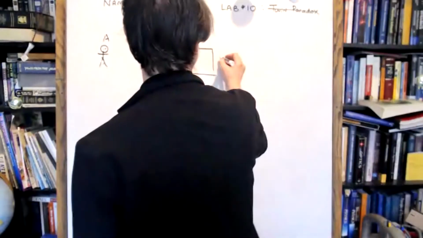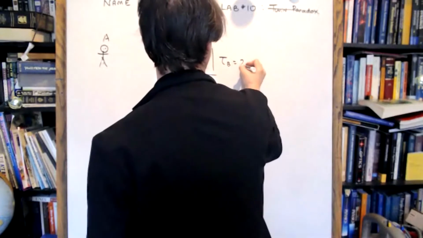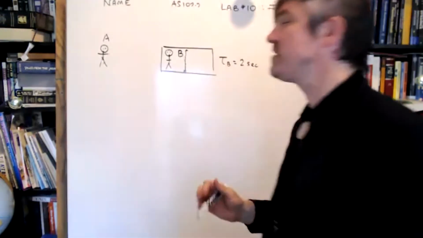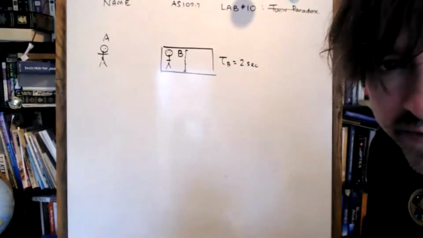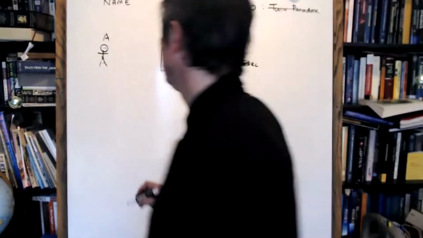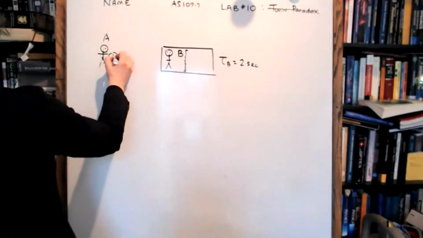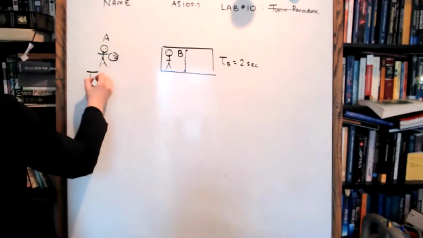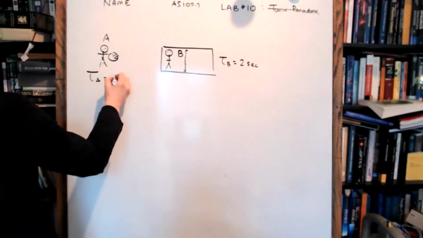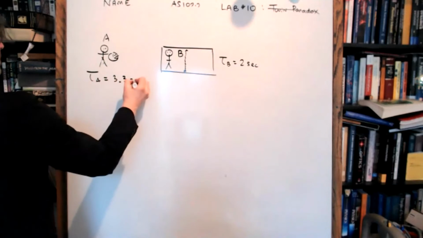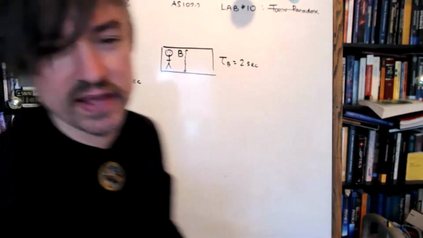We've so far learned that the time according to B is 2 seconds for the event, for the laser beam to fire, but that if A holds a stopwatch, the time according to A for the event to take place is 3 seconds.